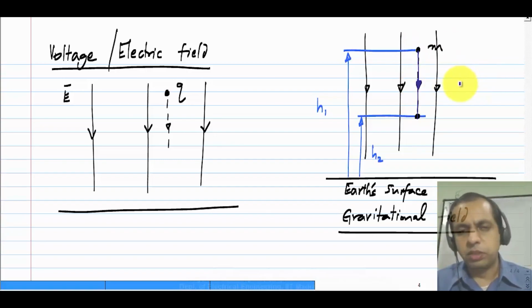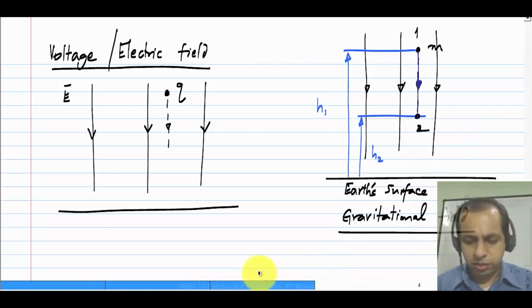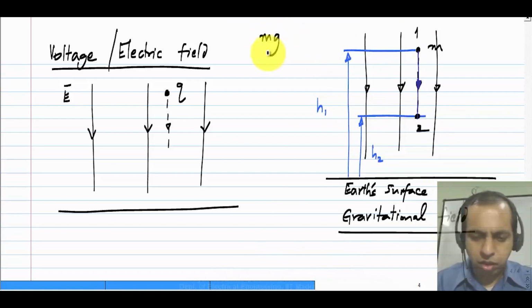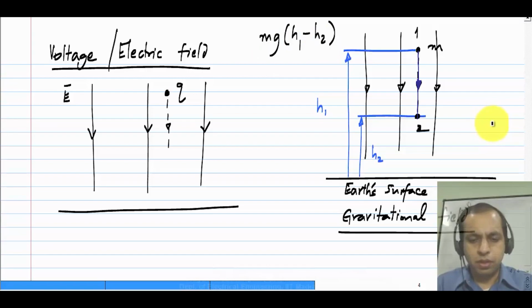You know that the object will gain energy. Okay. So perhaps initially it was being held stationary, and then at this point when it goes from here to there in gravitational field, it will gain some energy. And you also know that the amount of energy gained is mg(h1 - h2). Okay.